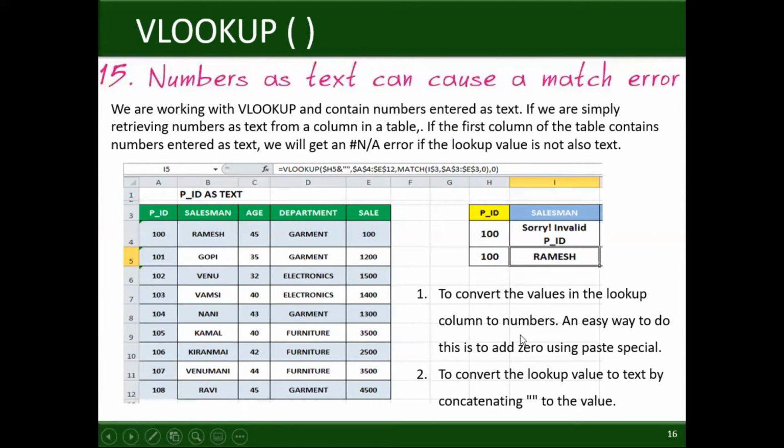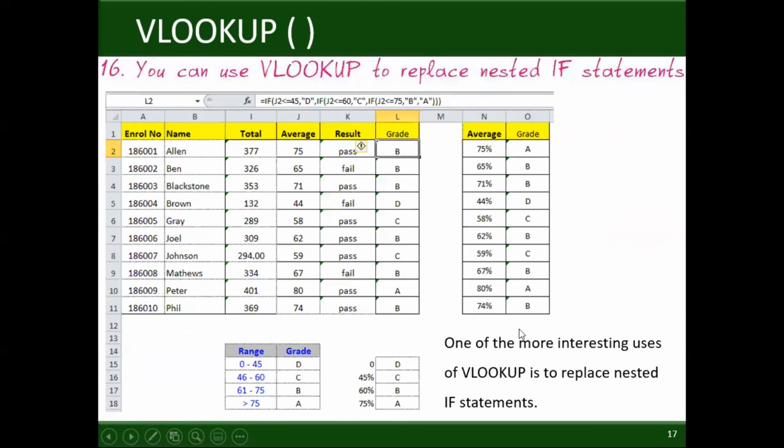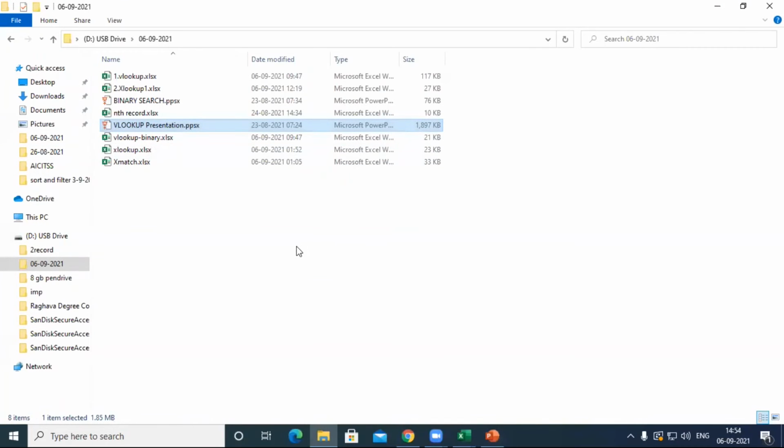Okay, I hope you can understand. This is the VLOOKUP, and we also applied it as a replacement for the nested IF statement. In nested IF, you may also use this one. So in this way we use the VLOOKUP.